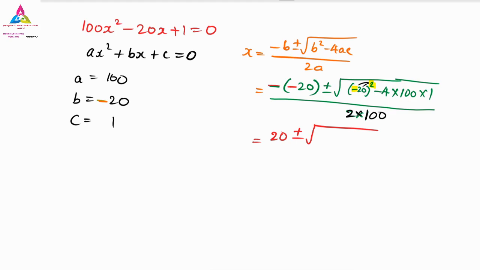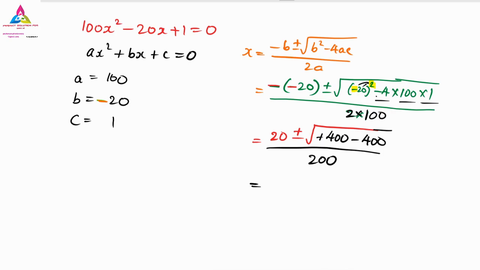Minus square is positive and 20 square is 400. 20 into 20 is 400. Then minus, and anywhere we don't have any minus, so minus only. 4 into 100 is 400, whole divided by 2 into 100 is 200.